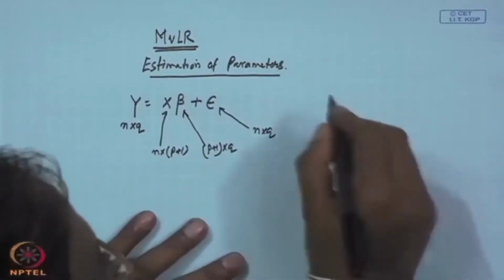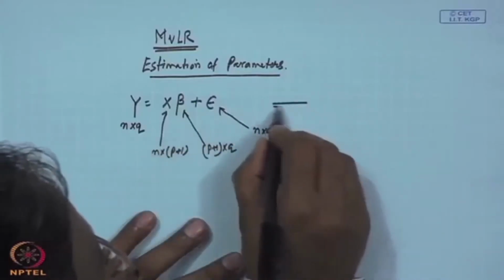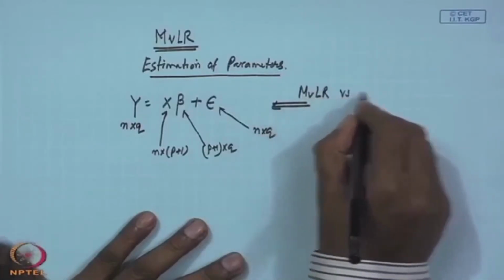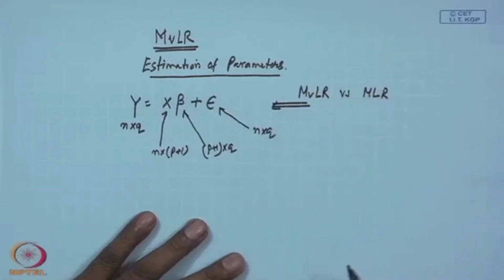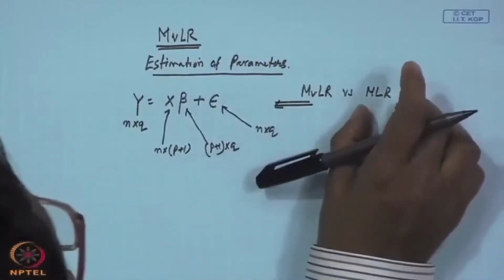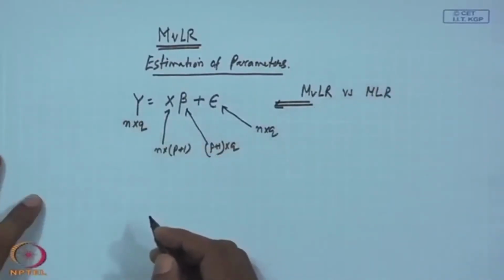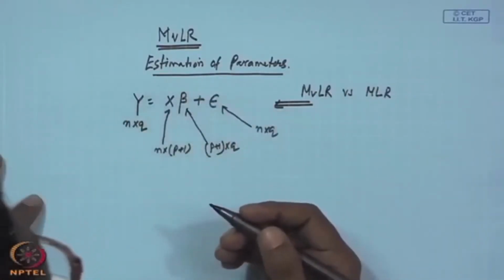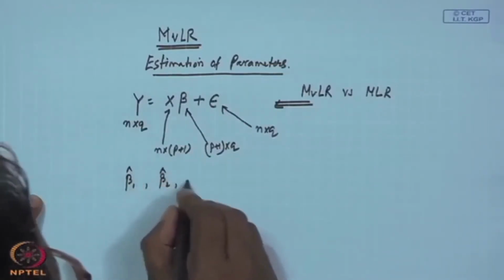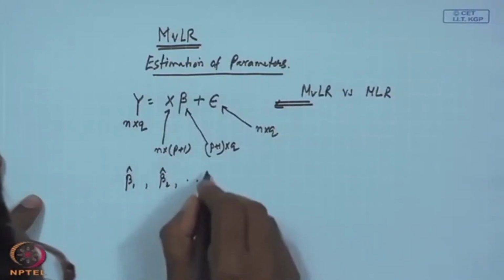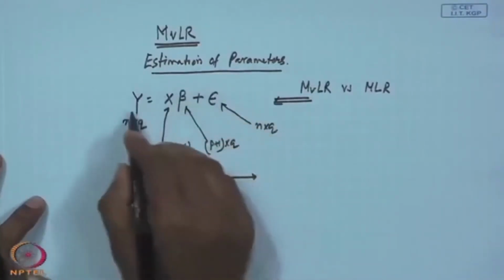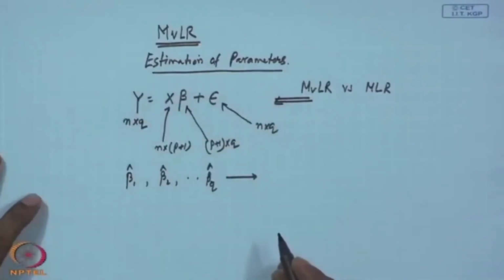We also have discussed the relationship between MBLR, that is multivariate linear regression, vis-a-vis multiple linear regression. We have also seen that if we go for multiple linear regression of individual y variables and then estimate the parameters, the estimates like beta 1 cap, beta 2 cap, up to beta q cap will be exactly the same as if we estimate jointly using the multivariate linear regression formulation.